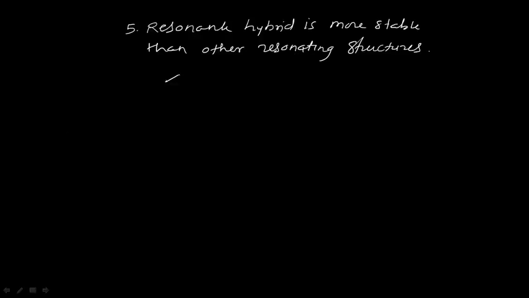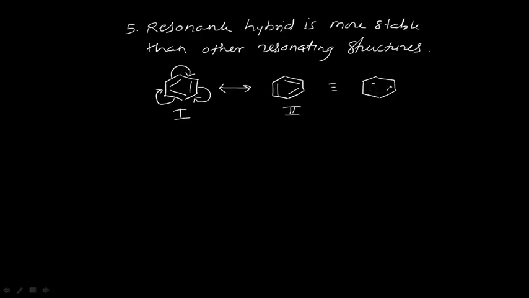For example, in benzene, we can have delocalization of those carbon-carbon double bonds in this fashion, and you'll have another resonating structure. There is shifting of carbon-carbon double bonds. So you'll have those two canonical forms, and you can write a resonance hybrid for this. This is a resonance hybrid. It is more stable than structures 1 and 2.